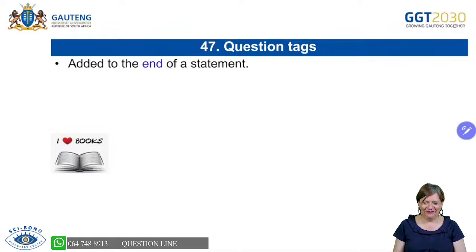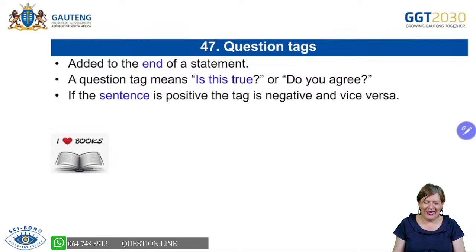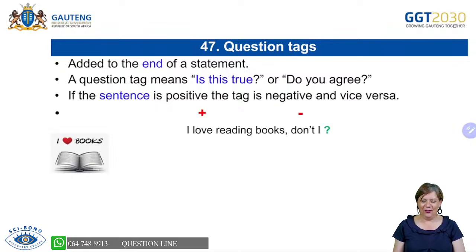Question tags. Question tags is always the end of your statement, and this actually means, is this true? Something you have to remember here is that we work with positives and negatives. You know, positive and negatives are traits. And this is the same here. So if you have a sentence, let's look at one. I love reading books.